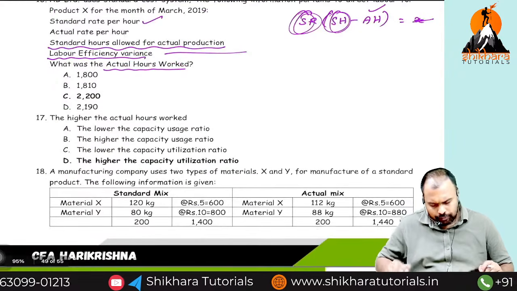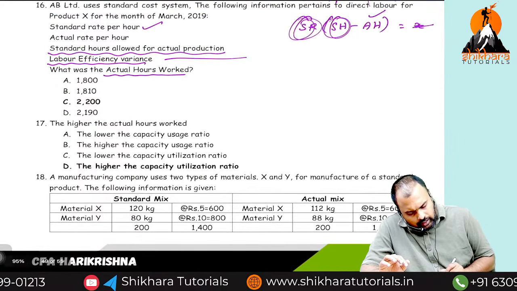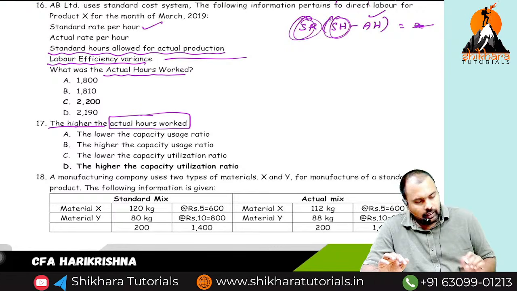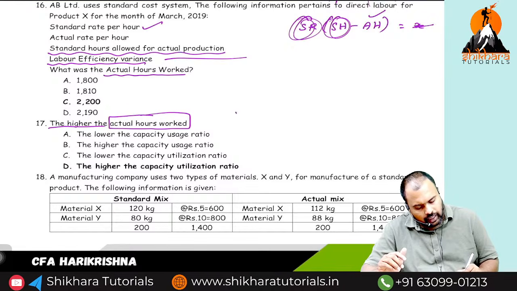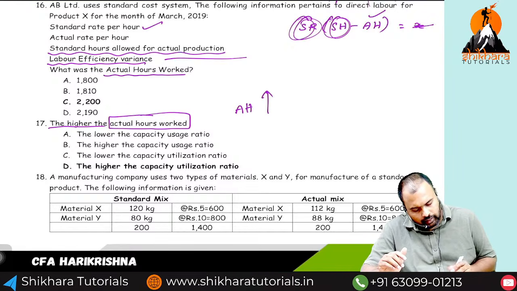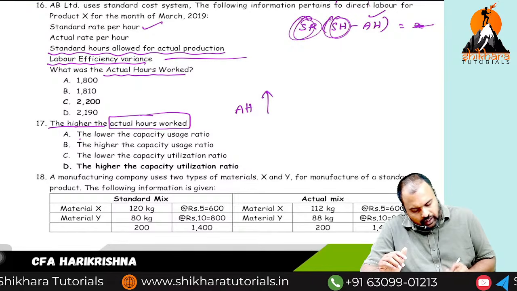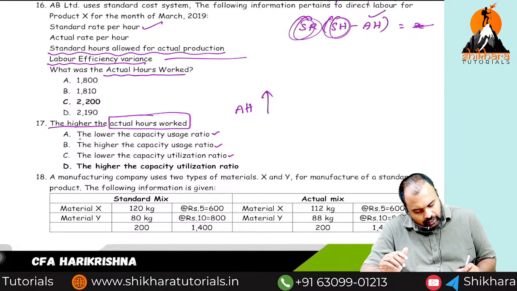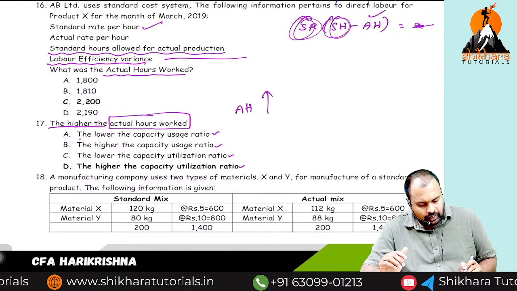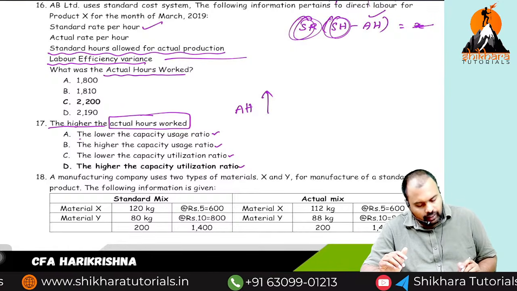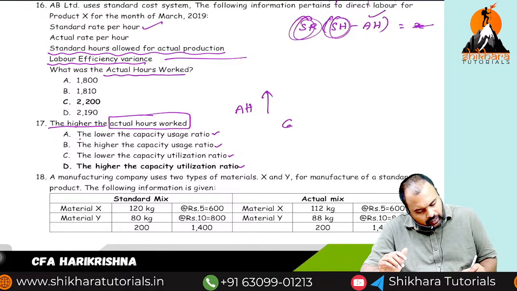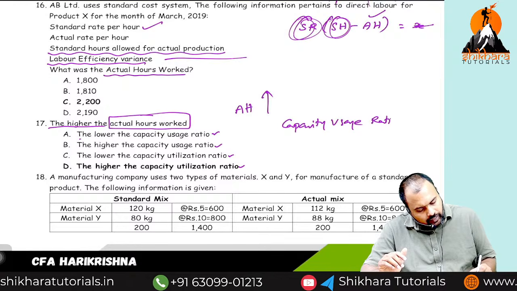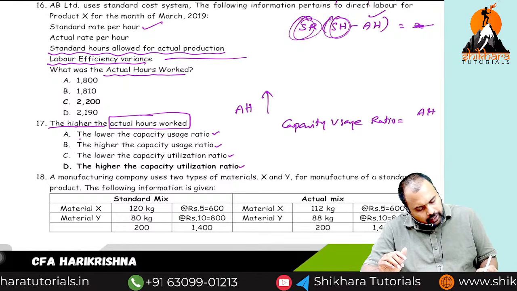Okay. Then, if the actual hours worked are higher, if AH is higher, then the capacity usage ratio is higher and the capacity utilization ratio is higher. Sir, actually capacity usage ratio is AH by BH.